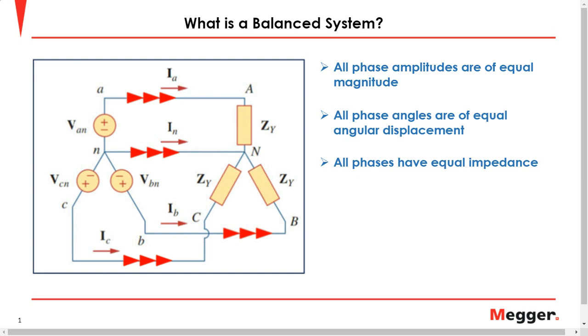And of course, if your voltage amplitudes and your current amplitudes are equal, and the phase angles are equidistant, that obviously implies that each phase has equal impedance.